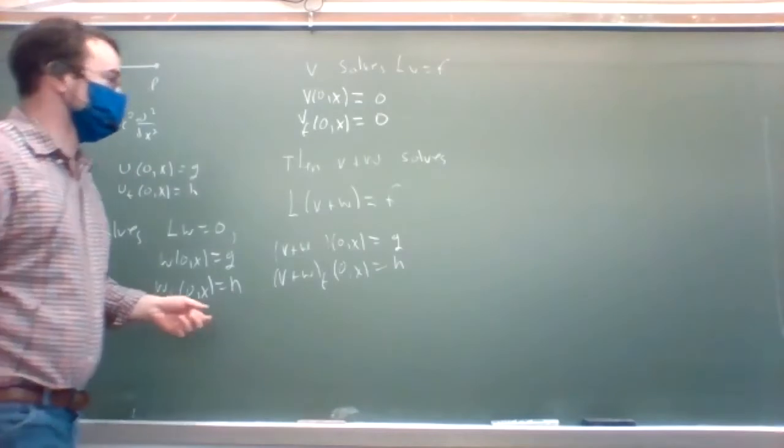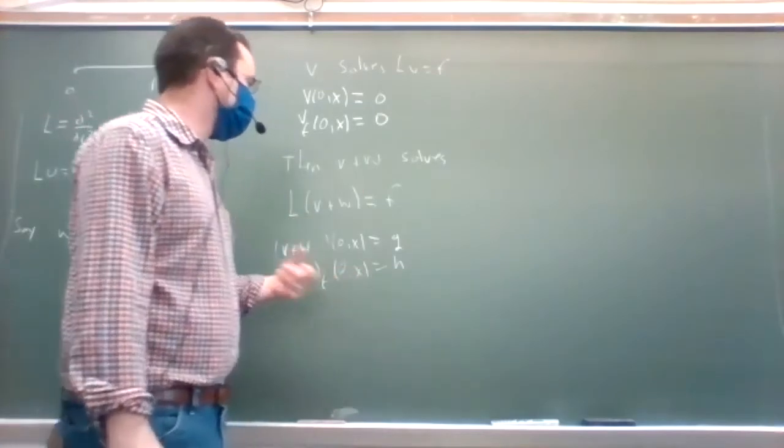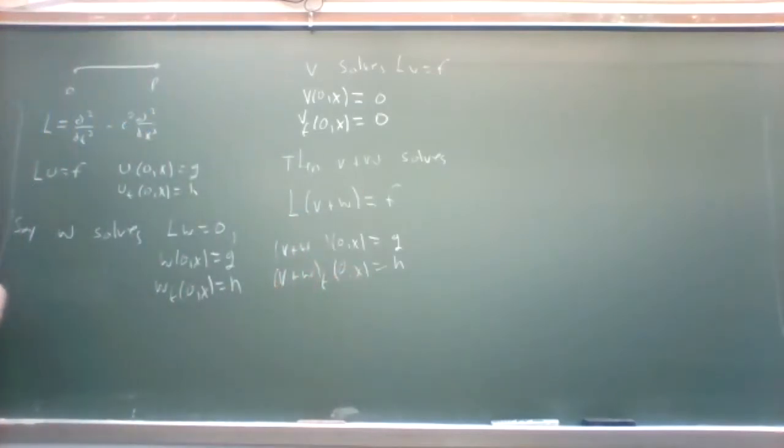Then take those two answers and add them together, and you'll get the solution to the general problem. From a theory standpoint, that completely characterizes the solutions to the wave equation.